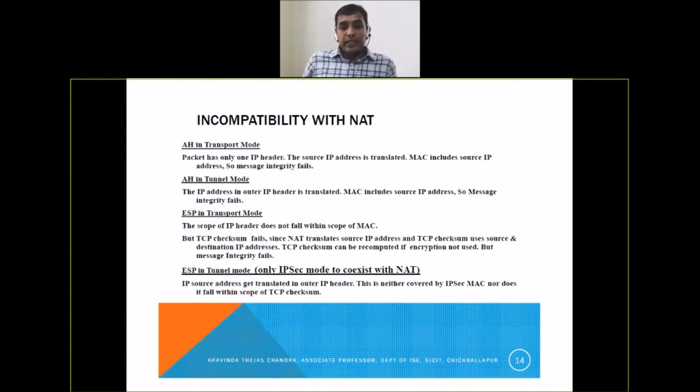In tunnel mode, only the outer IP header, which contains the source address, gets translated from private address to public IP address. The outer IP header is not authenticated and does not fall into the integrity check.